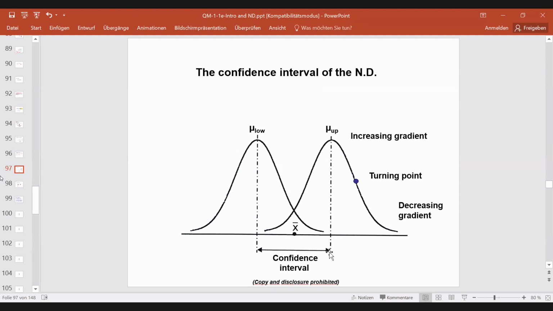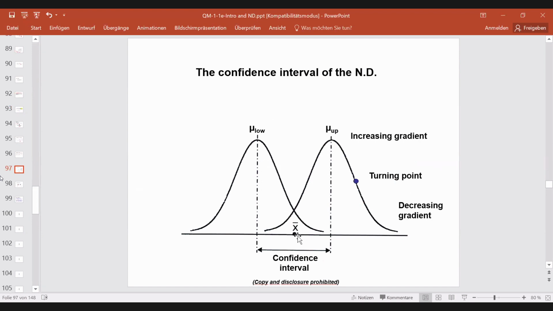So you have a mu up and a mu low value. So based on the sample mean and standard deviation, you can calculate a mu up and a mu low. So you can say the mean of the population will be in the area between these two limits, mu up and mu low. So it's possible to do a forecast.